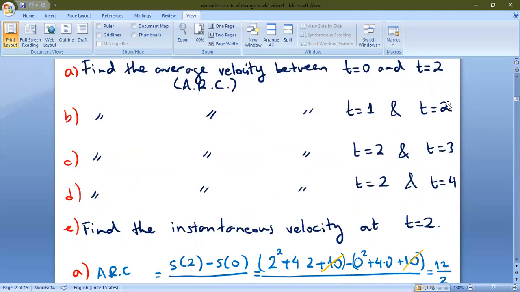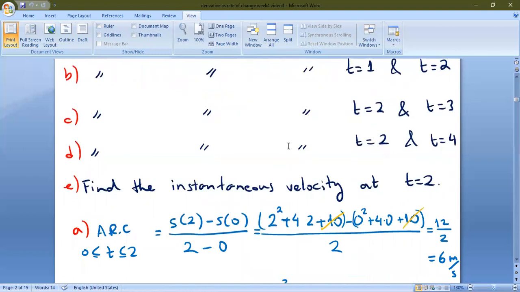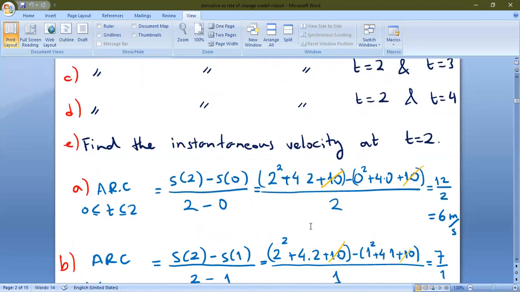Velocity here means rate of change, because we have a position function. If we look at the average rates of change, we find the average velocity. For the average rate of change between 0 and 2, we just put 2 and 0 into the function. When we do the computations, we find 6 meters per second.